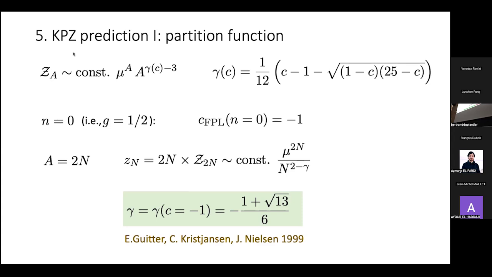So this is the way you do it, simply by looking at the number of fields. You have an extra field phi1 in your fully packed case, and that gives an extra degree of freedom. C jumps from -2 to -1, and that gives this non-trivial gamma. By the way, I am not aware of any problem in combinatorics of this type which is able yet to produce exponents which are irrational.